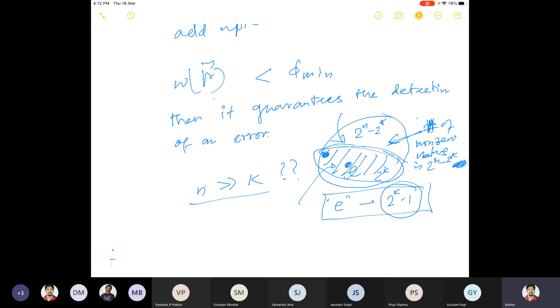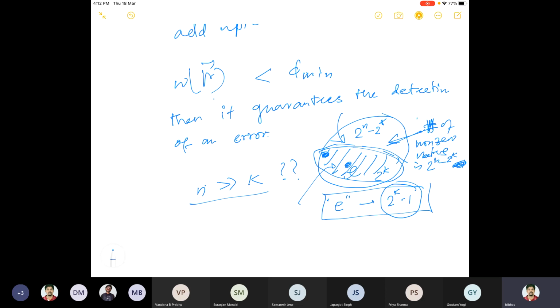Now the next thing will be, if there is an error, how to decode it and how to fix it. If there is an error which is detected, then the question will be how to fix it. This is about how many errors are there which need not be detected.